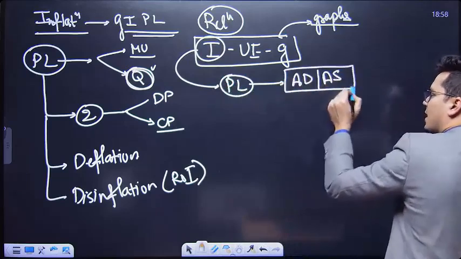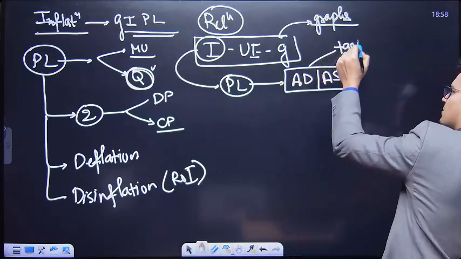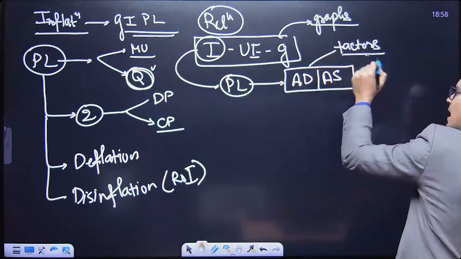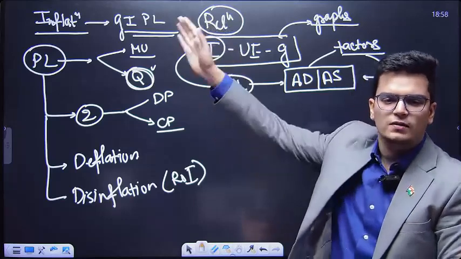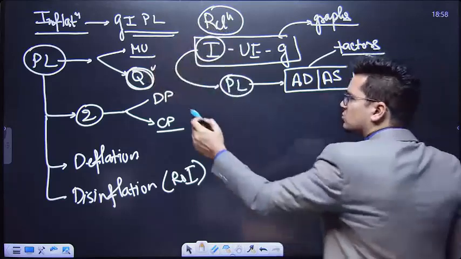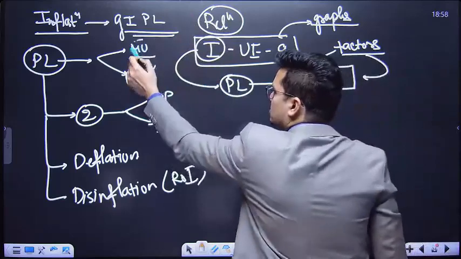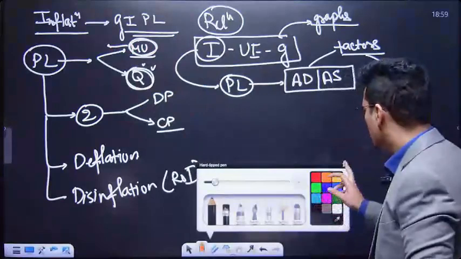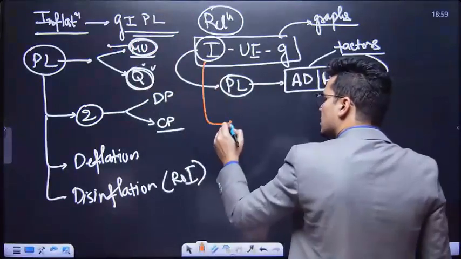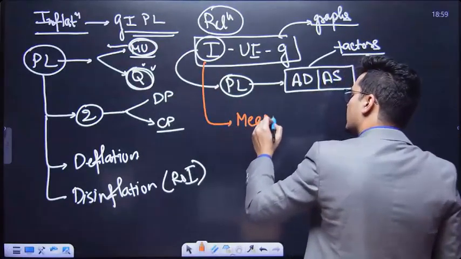So whatever factors are affecting aggregate demand and aggregate supply can have an impact on the price level, and on inflation. The other factors, of course, are related to the measuring unit, which will be money supply, but we will see that later.